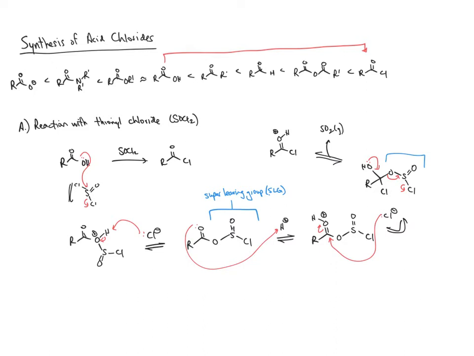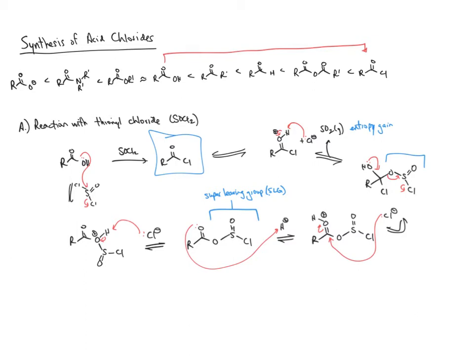Okay, and so we also have a chloride anion. The chloride anion is going to then deprotonate the protonated acid chloride to give us the acid chloride product. And so the net result is that upon collapse of that tetrahedral intermediate, the superleaving group leaves and it will form SO2 gas, and there's, of course, entropy gained here. And so once that SO2 bubbles away, it's not coming back, and the reaction is going to go to completion.